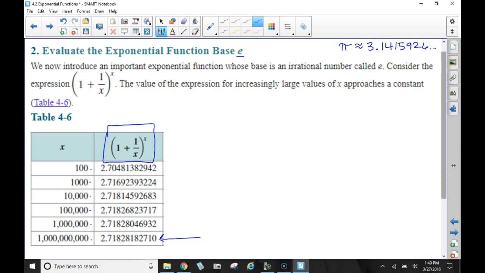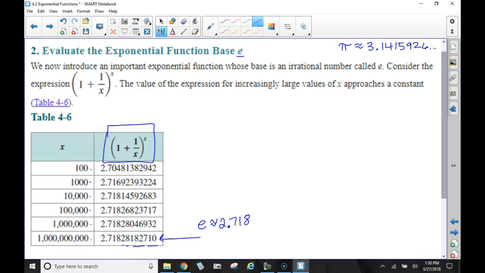When you crunch all that, and you need a calculator for this, we end up getting to a number that is 2.71828182710. So I just like to remember e is about 2.718.